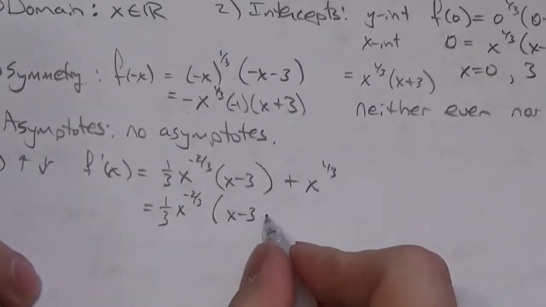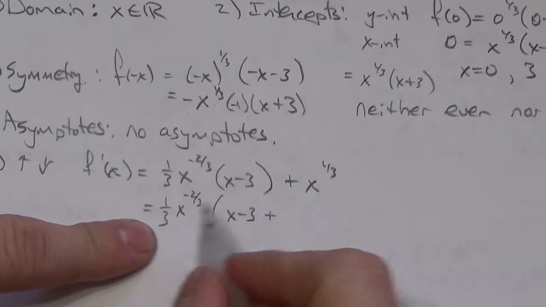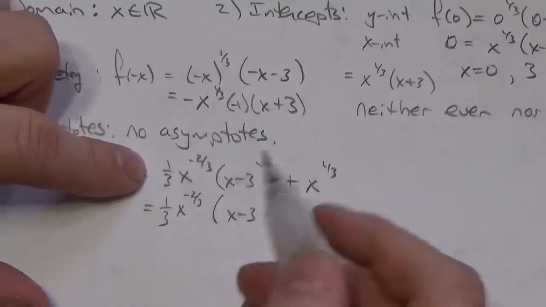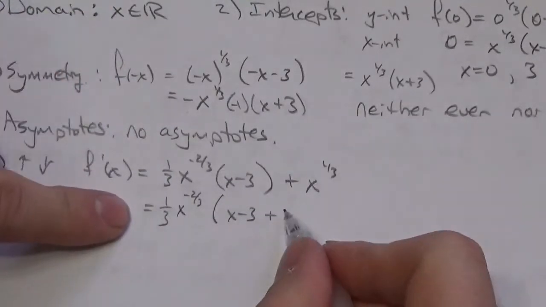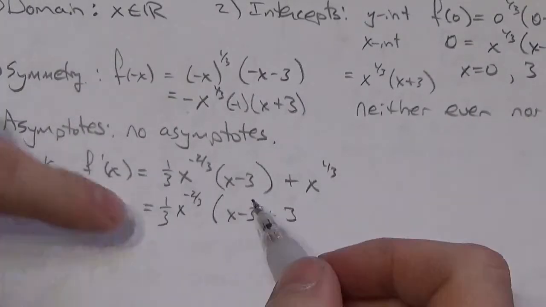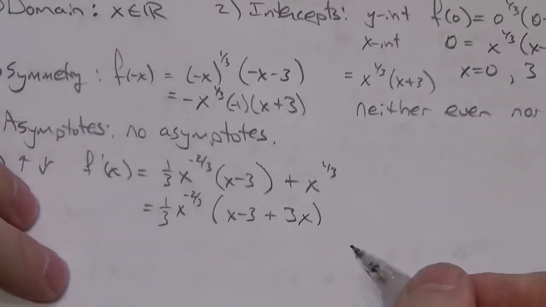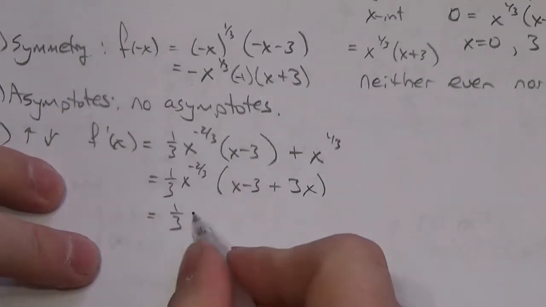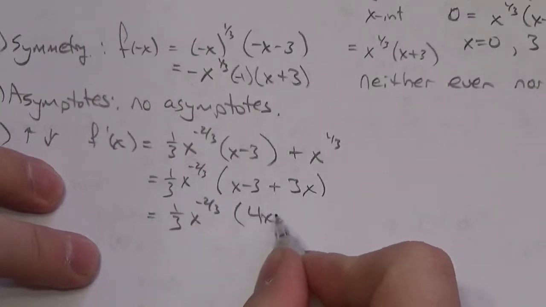But over here, this is going to leave me with positive, because I'm factoring out a 1/3 from both of these, and I do that because I always take out the denominator. 1 divided by 1/3 is actually going to be 3, and x to the 1/3 divided by x to the negative 2/3, you subtract the exponents there. That's actually going to get us 3x. So we get 1/3 x to the negative 2/3, and this is going to end up being 4x minus 3.